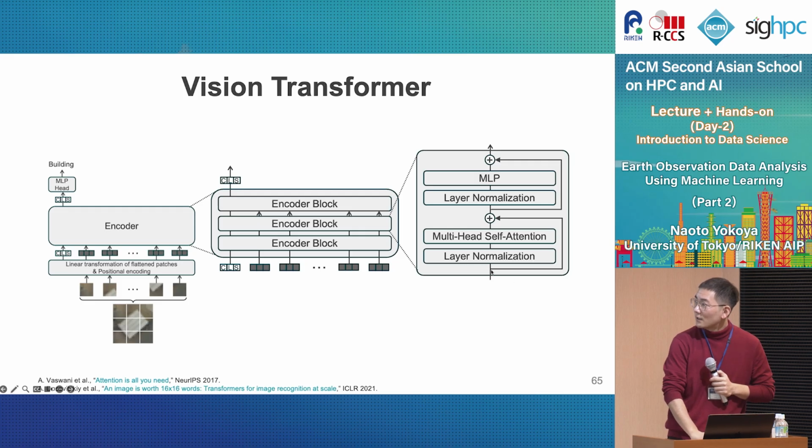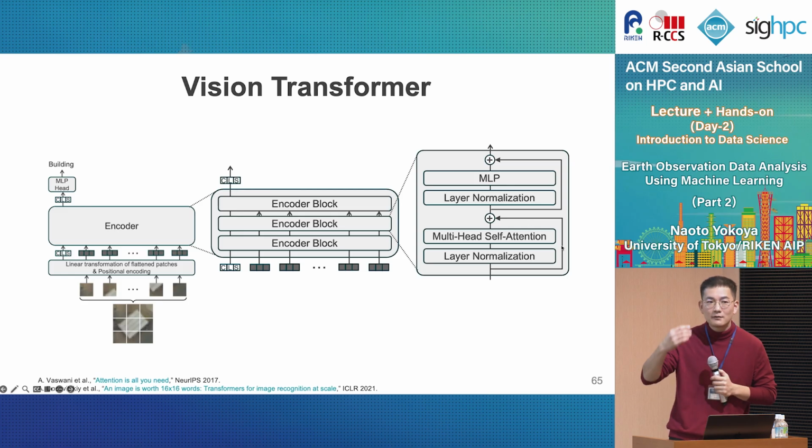Now we can see, oh, there is a residual connection. Okay, so residual learning is kind of standard: let's learn how to slightly change. And here, there is self-attention. This is the MLP, multi-layer perceptron, the fully connected neural networks that we have already seen. What we are not aware of is this self-attention.